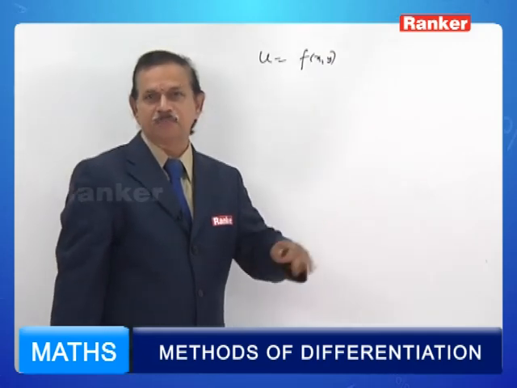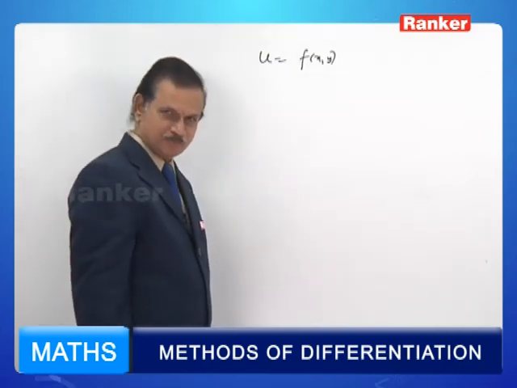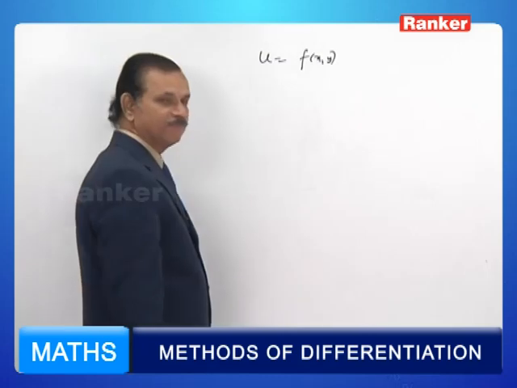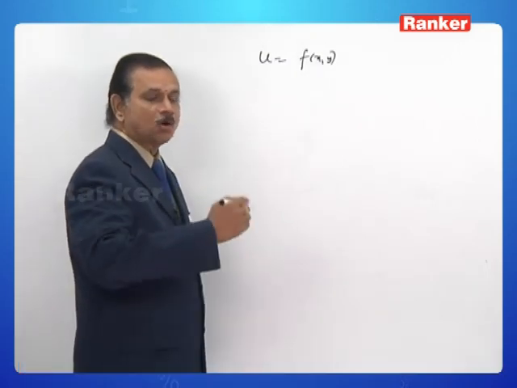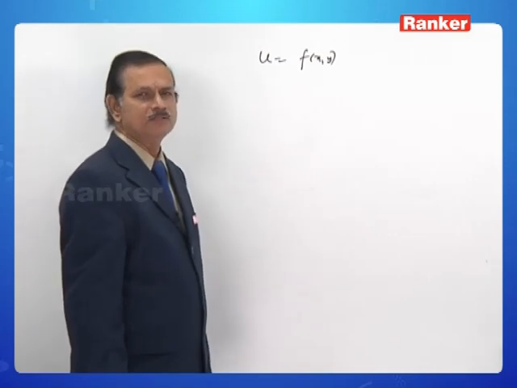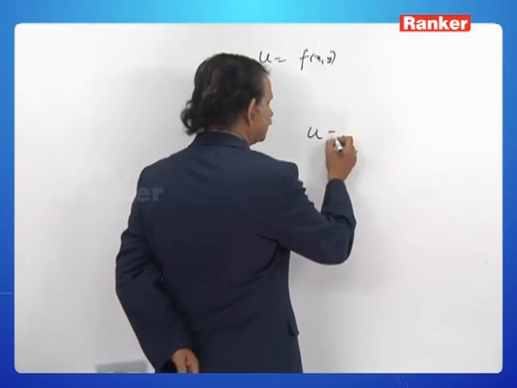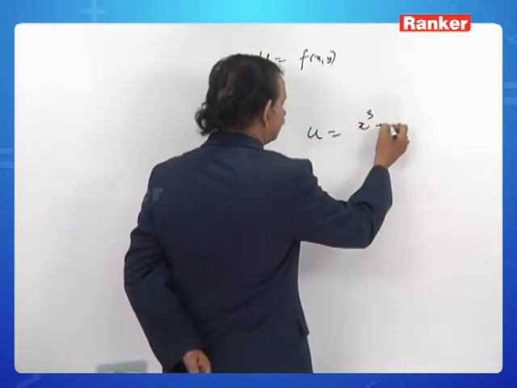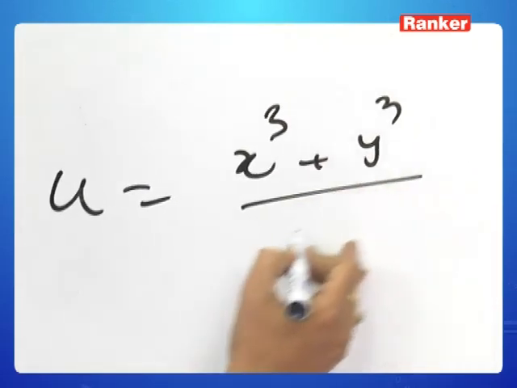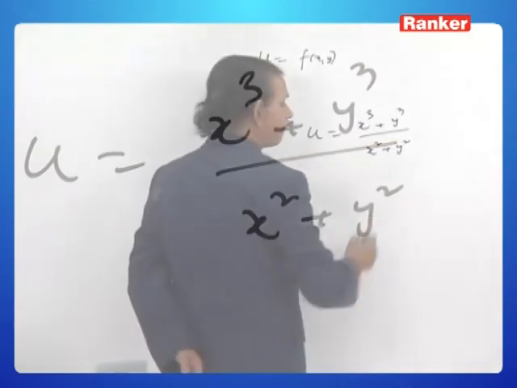For the sake of simplicity and brevity, I am considering two variables only for the present. If u is equal to f of xy is a homogeneous function of x and y. What do you mean by homogeneous function of x and y? Observe this. u is equal to x cube plus y cube by x square plus y square.